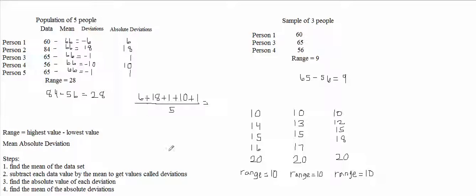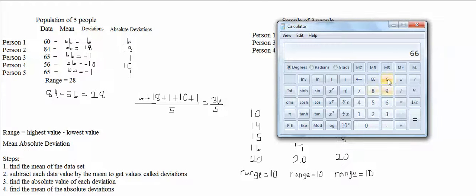Let's add the numbers on top. 6 plus 18 is 24. 24 plus 1 is 25. 25 plus 10 is 35. And 35 plus 1 is 36. Now we added the numbers, and we got a total of 36.